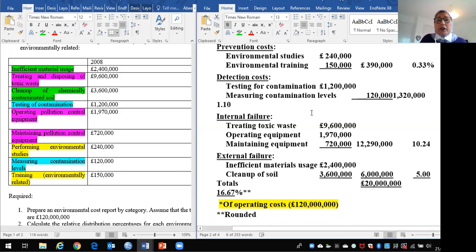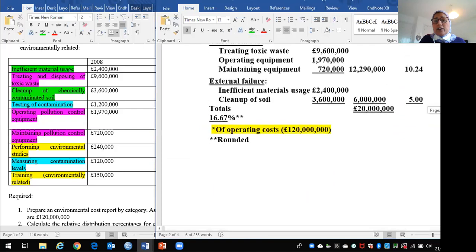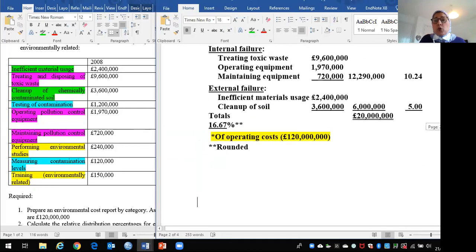If you have a wee look here at this particular question, you can find that the operating cost is, sorry, the total environmental quality cost is 20 million, and the percentage is 16.67.